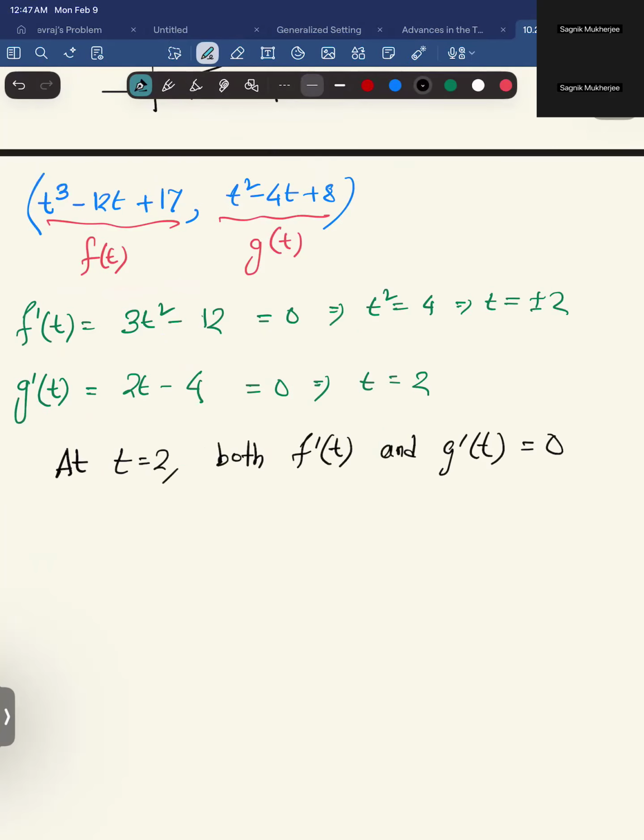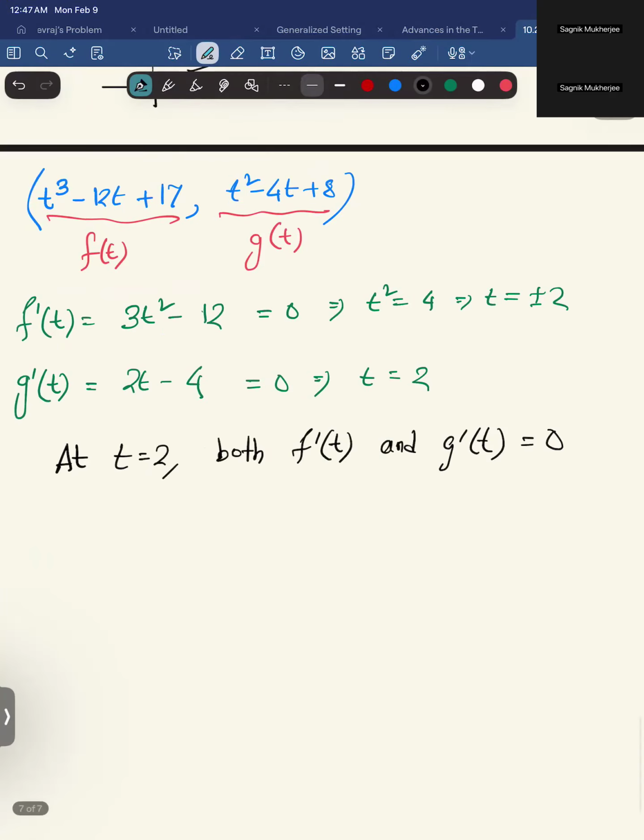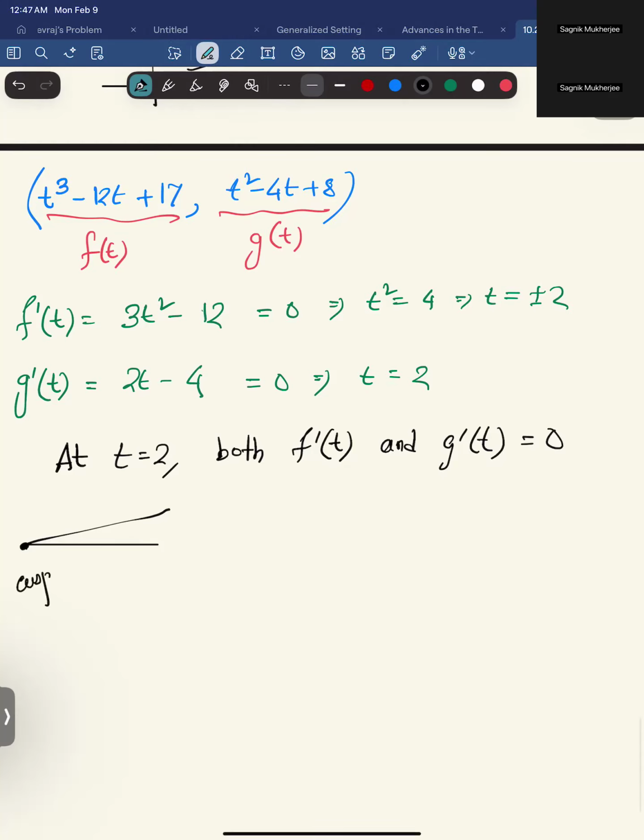That means there is a cusp, like a sharp edge, at t equals 2. These are called cusps. So not smooth. So f prime and g prime cannot both be vanishing. Keep that in mind. And that's all about 10.2.